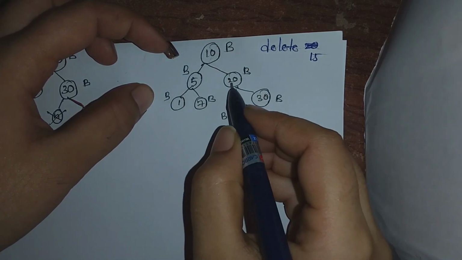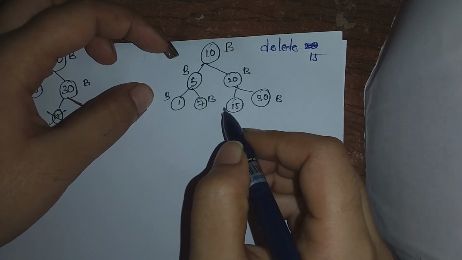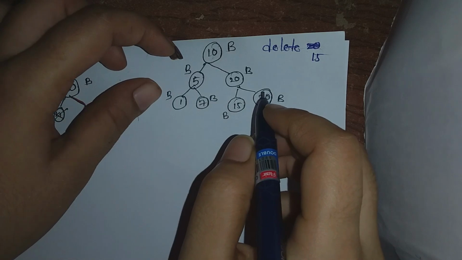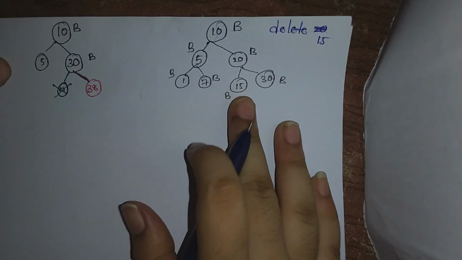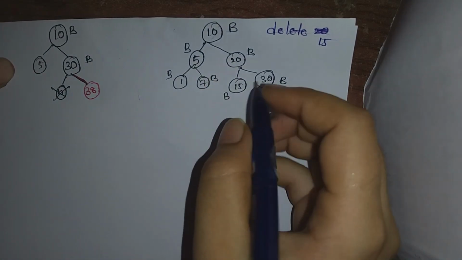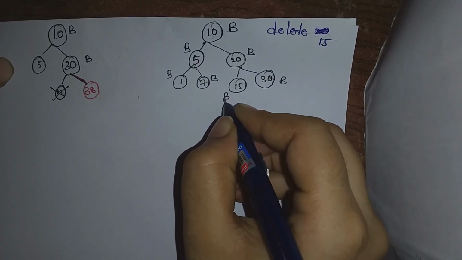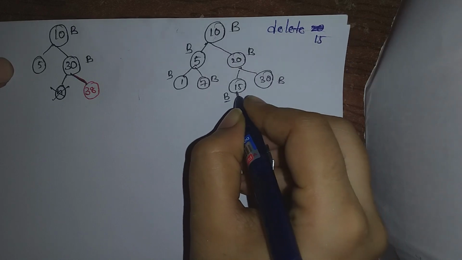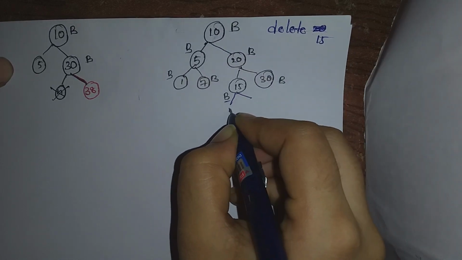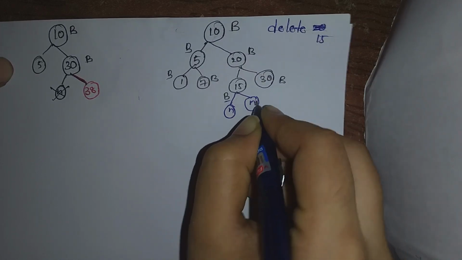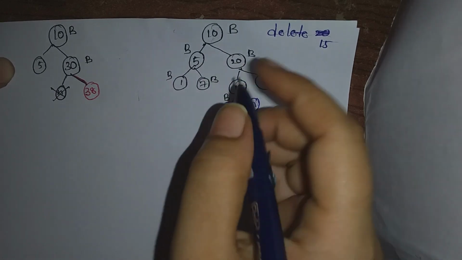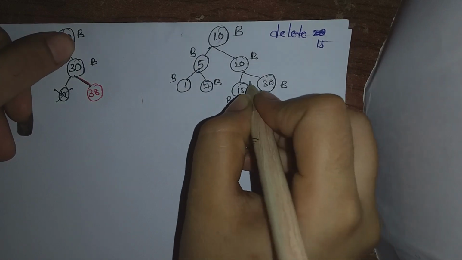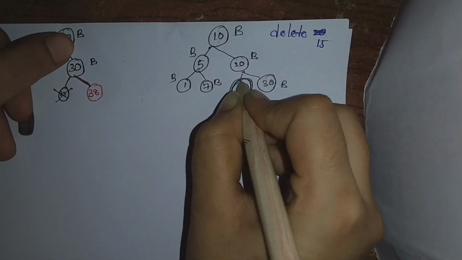So we found 15. Now let's check the color of the 15 node. It is black and it has nil children. It is a leaf node, and all these nil children are black in color. So this 15 is going to be deleted, and in the case of 15 we get a double black nil node.